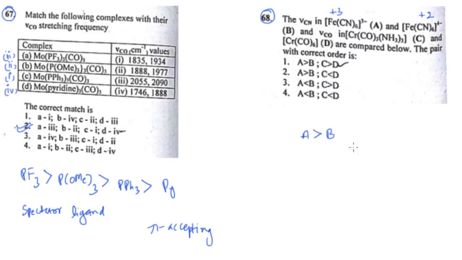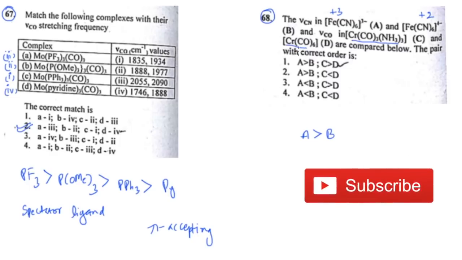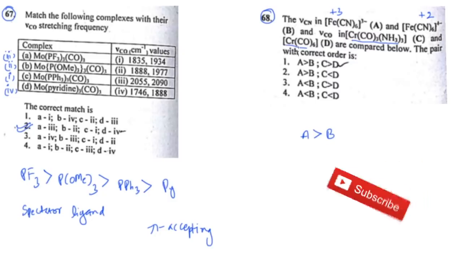Now talking about C and D. This is your C, where you have NH3 also as a ligand, and this is your D where NH3 is not there. Due to the presence of NH3 as a strong field ligand, the carbonyl frequency will decrease. Why?